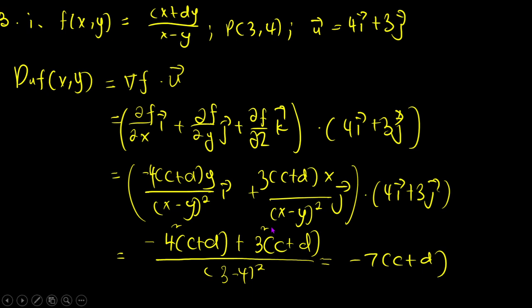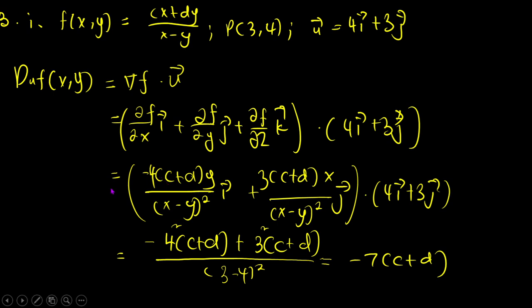The third question is about the directional derivative. Here we are given a scalar function with a unit vector u, 4i hat plus 3j hat. We need to find the directional derivative of f, which is the gradient of f dotted with vector u. We know how to do the gradient of f.